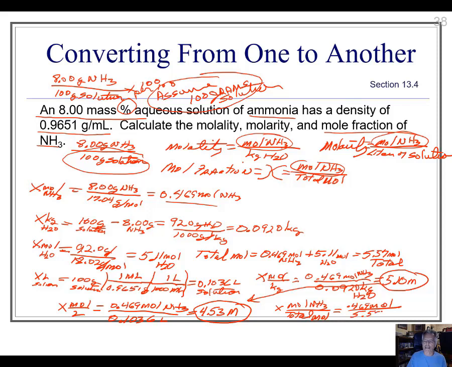This will always be a number less than 1 because you're dealing with a fraction of the total. So that's just going to be 0.469 divided by 5.57, and that's going to give you 0.0842. Okay, 0.084.